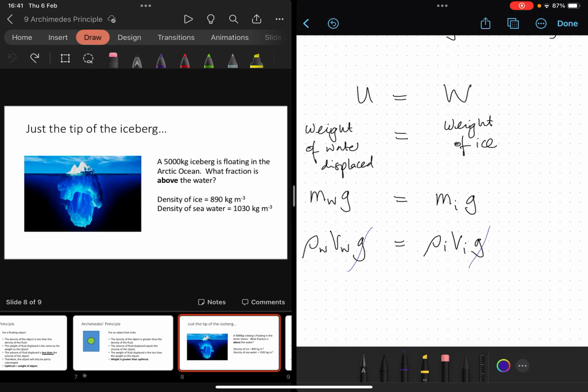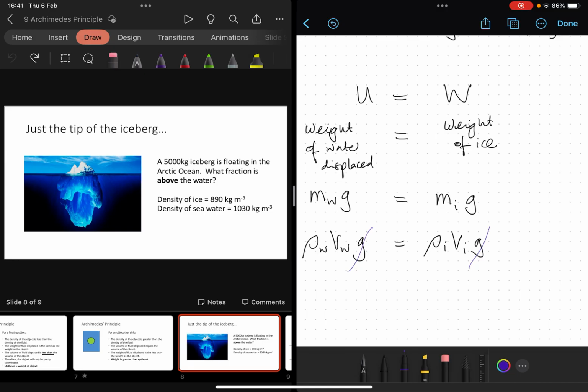Now in this situation, it's important that I distinguish between my two volumes because now they're different. So earlier when we looked at a fully submerged object, because it was fully submerged, the volume of the object and the volume of the fluid that we displaced were the same. But this object isn't fully submerged.